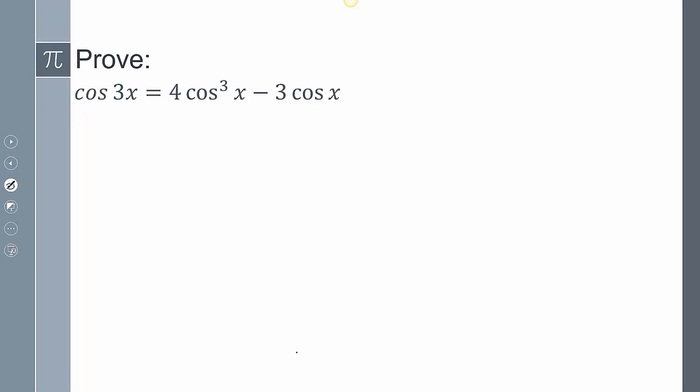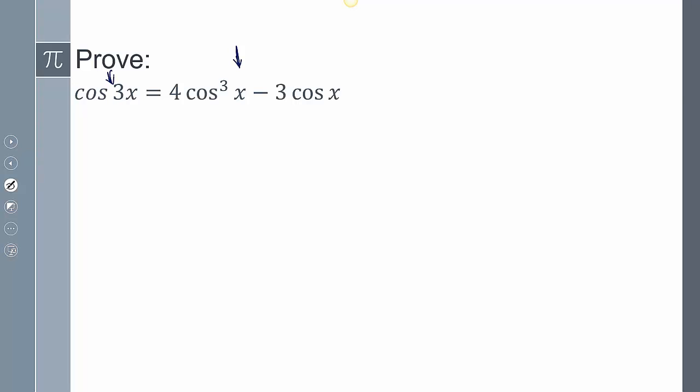This one says the cosine of 3x equals 4 cosine cubed x minus 3 cosine x. Well, I have a cosine cubed, and I have a 4 in front of it minus 3 cosine x. Now, even though this side does look more complicated, I think I'm going to use this side.